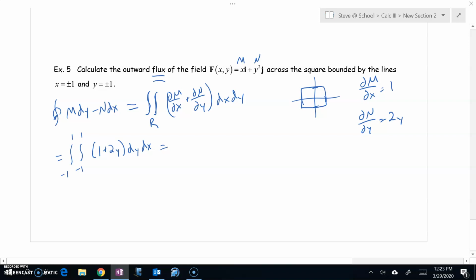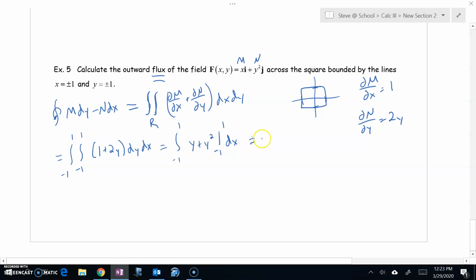I'm going to integrate with respect to y first. Alright, and then we get y plus y squared. When you evaluate that from -1 to 1, when you put a 1 in, you get 2. When you put a -1, you actually get a 0, because that will become positive and then it'll become negative, so it cancels.